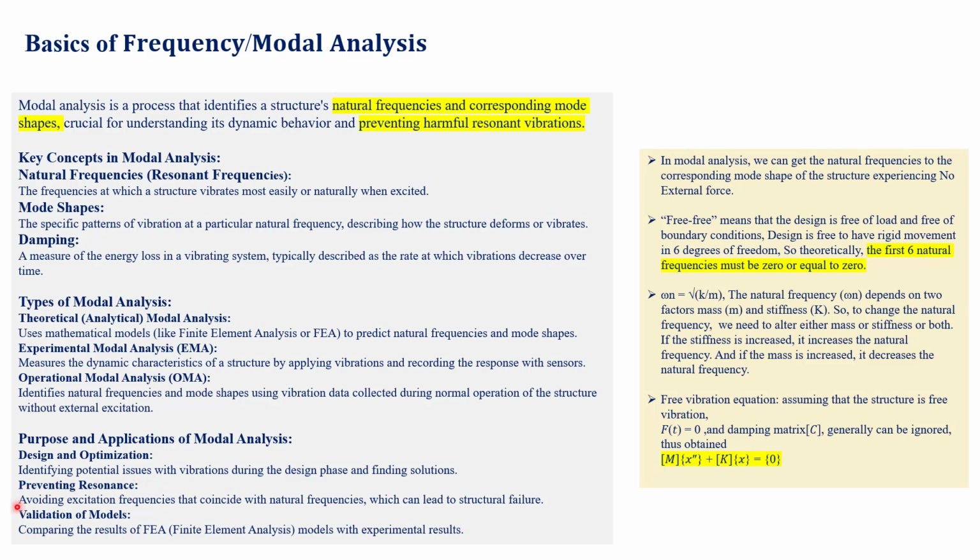Okay, so what exactly is it? Avoid the excitation frequencies that coincide with the natural frequencies, which can lead to a catastrophic failure in short. Yeah, that is what we are trying to do here also. So let's say the fastener, in the earlier example I gave, has a natural frequency approximately matching the engine.